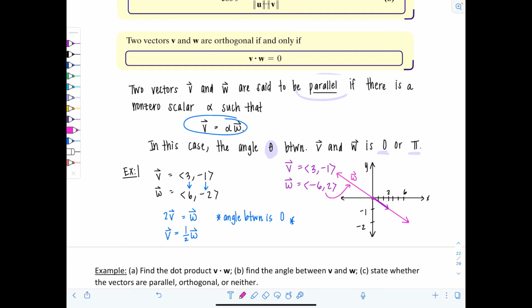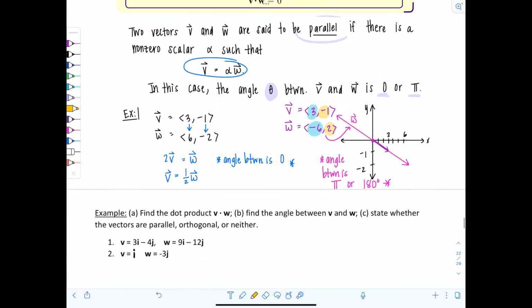And that would mean the angle between them would be pi, or 180 degrees, okay? They'd still be scalar multiples of each other. It's just in this case, alpha would be negative, right? Since the sign switches from one vector to the other. All right, good. So when they point in opposite directions, the angle between them is pi, or 180 degrees. If they point in the same direction, it's 0.